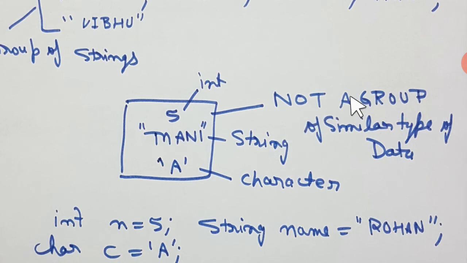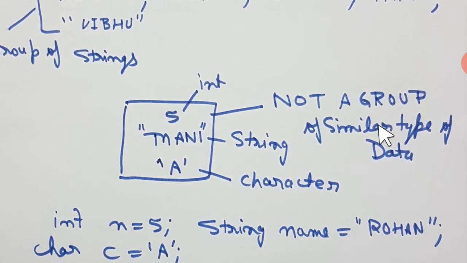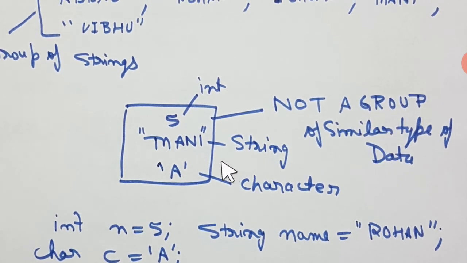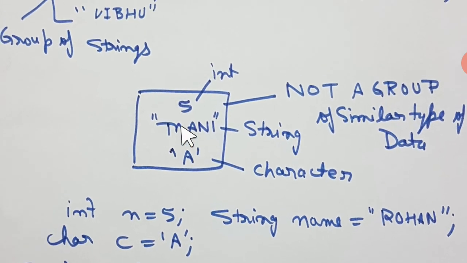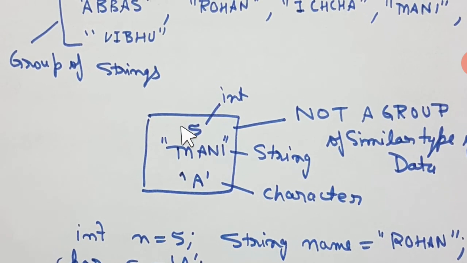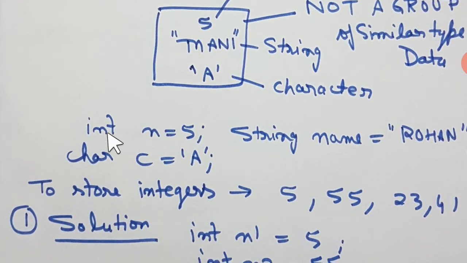So it is not a group of similar type anymore. When we talk about a group of similar type, all the elements must be of the same type.